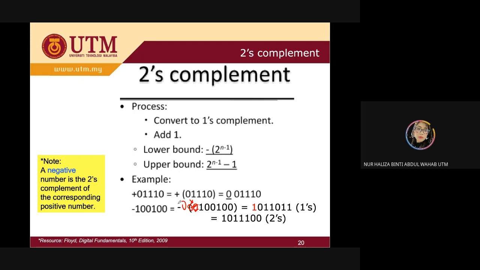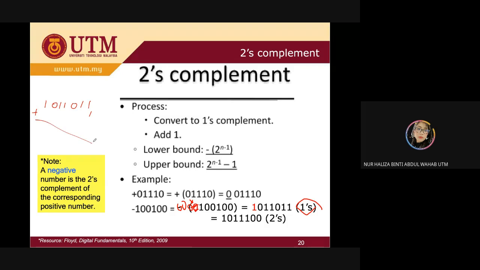And then, because it's a negative, you use the first complement for the negative number. You convert every single thing, 0 to be 1, 1 to be 0. This is your first complement. And second complement, how do you get it? The one that I mentioned, you will add 1: 0, 1, 1, 0, 1, 1 add with 1.